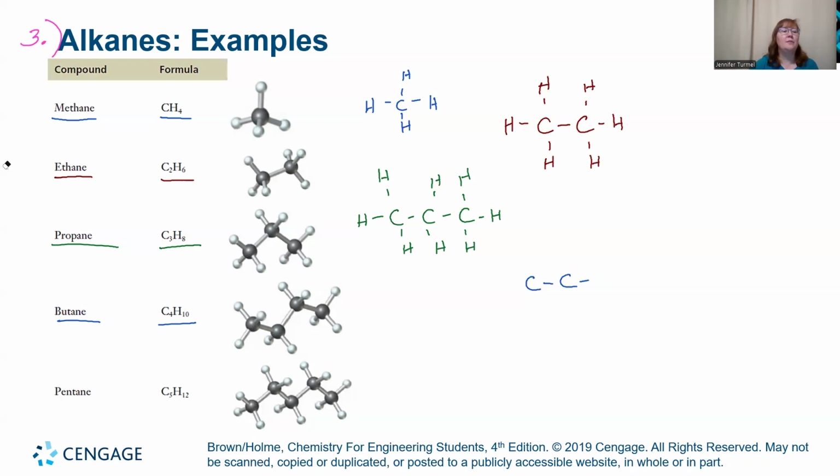Accidentally made an extra line there. There we go. We have 4 carbons, and then we set this up, and this is how you draw these alkanes. I'm going to be showing you pentane on the next slide. Simple alkanes are really simple. You just draw that many carbons and surround them with your hydrogens.